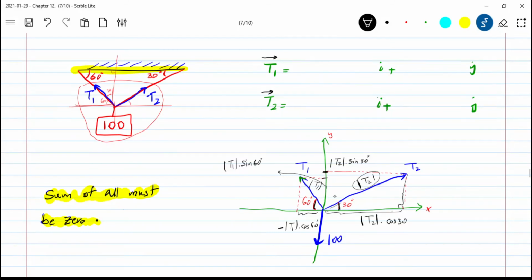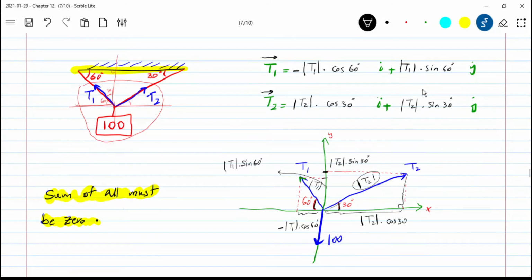So T1 would be negative magnitude of T1 times cosine 60 degrees i, that means along the unit vector i, along the x-axis, and here you would have magnitude of T1 times sine of 60 degrees j. And the same would be T2: magnitude of T2 times cosine 30 degrees i plus magnitude of T2 times sine 30 degrees j.